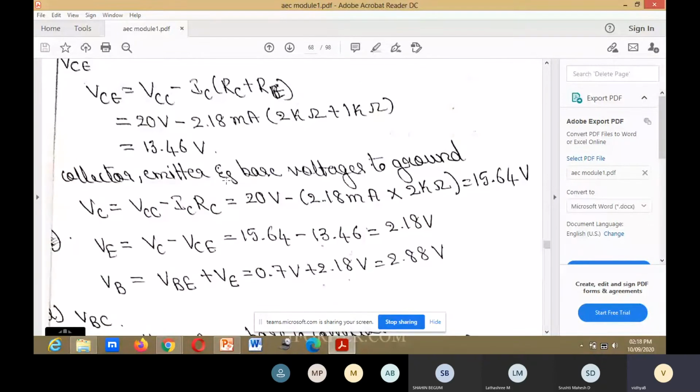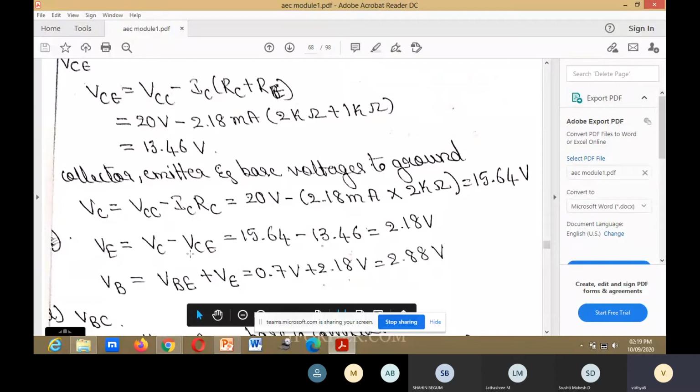Collector, emitter and base voltages to ground, that is VC, VE, VB. VC is VCC minus IC RC, which is 20 minus IC value 2.18 milliamps into RC value 2 kilo ohm. You'll get 15.64 volts.